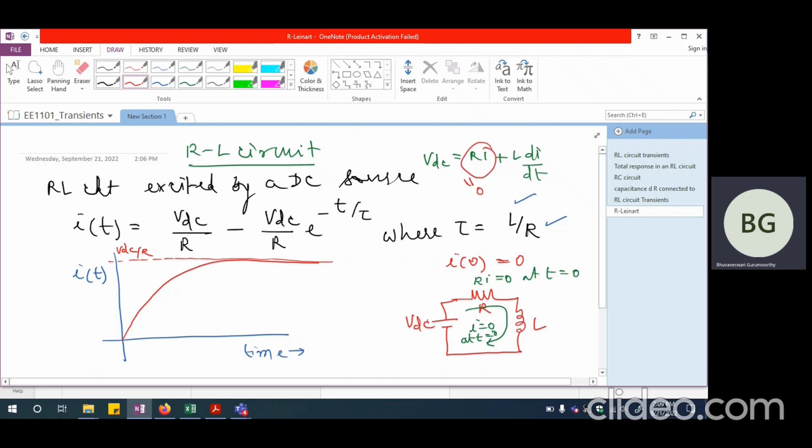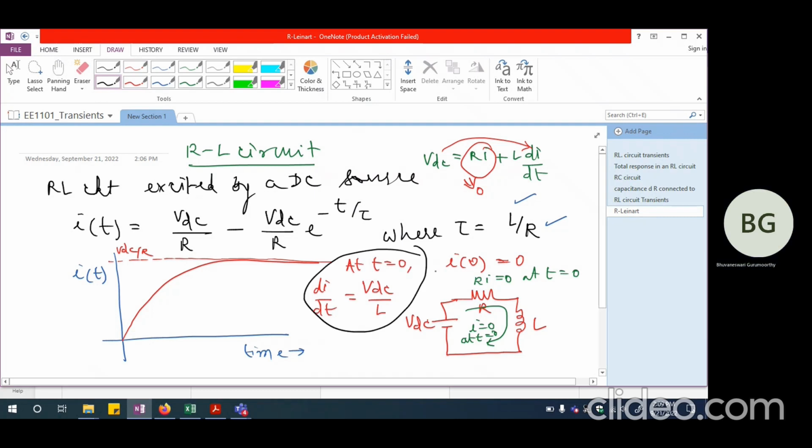If this is 0, the entire voltage has to come across the inductance. So I should be able to write di by dt equal to VDC divided by L at t equal to 0. When time t is 0, this is the di by dt value.